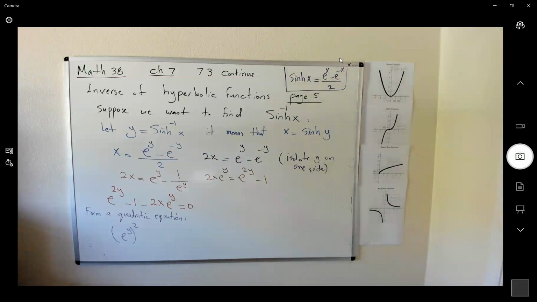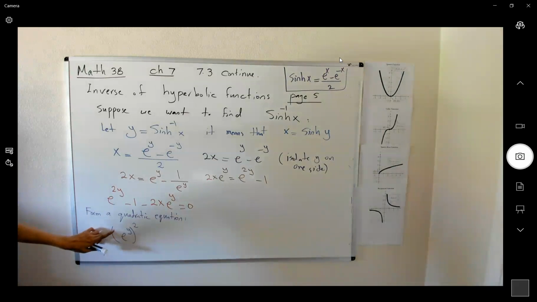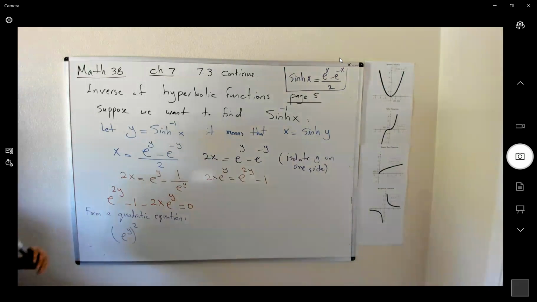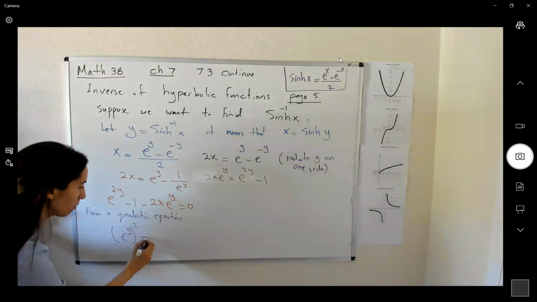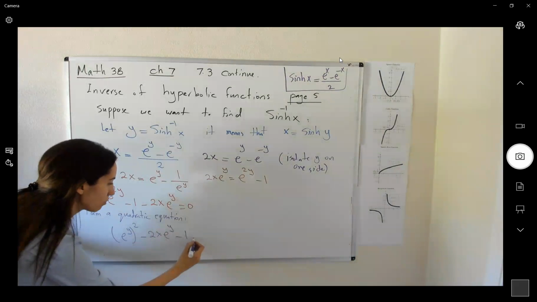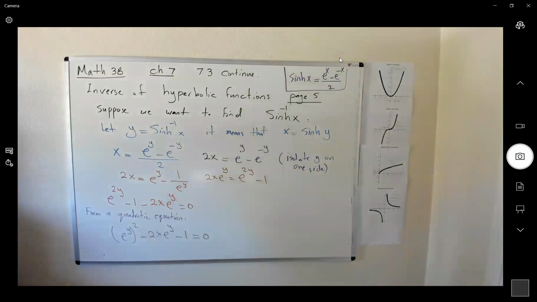Okay, it's not a complete square, but eventually we can use quadratic formula to solve it. So e to the y raised to the second power minus 2x e to the y minus 1 equal to 0.